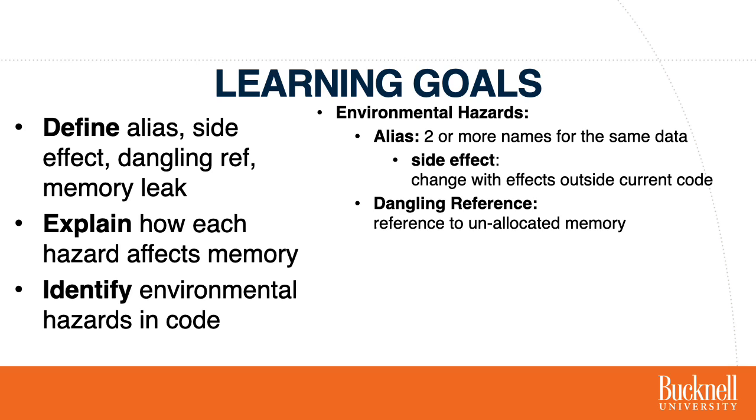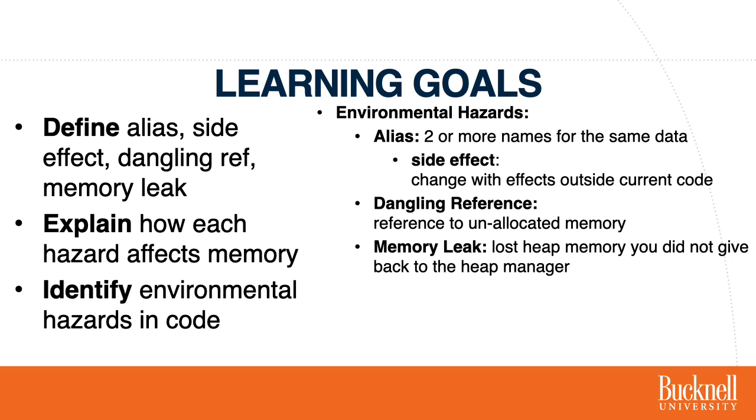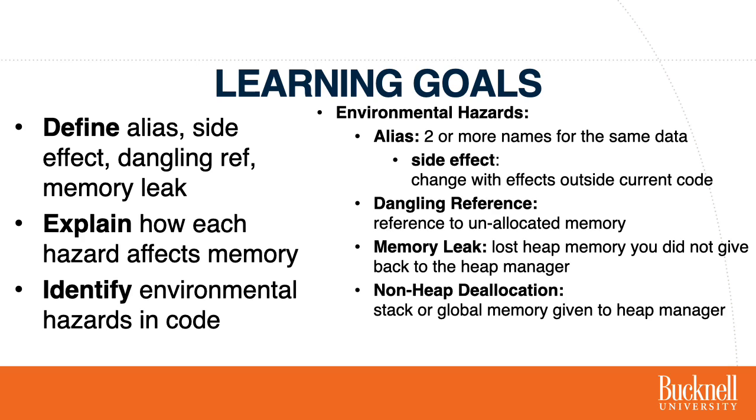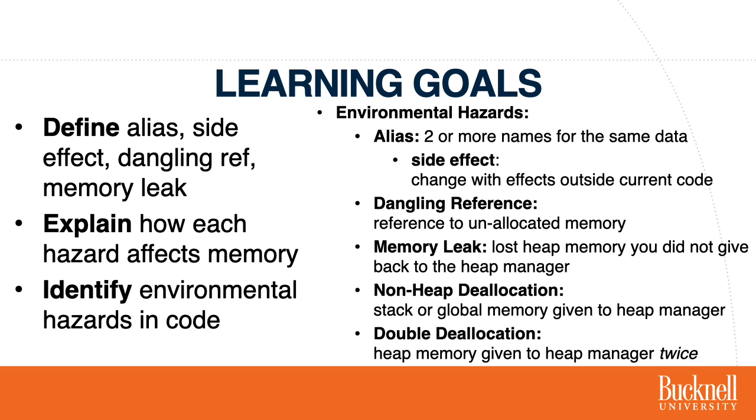However, if you try to read or write to a dangling reference, that will cause problems. Memory leaks are lost heap memory that you did not give back to the heap manager. Non-heap deallocation is when you give stack or global memory to the heap manager. Double deallocation is when you give heap memory back to the heap manager twice or more, since the heap manager potentially gets very confused and then hands it out twice or more.